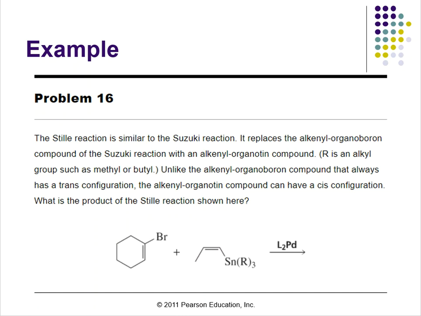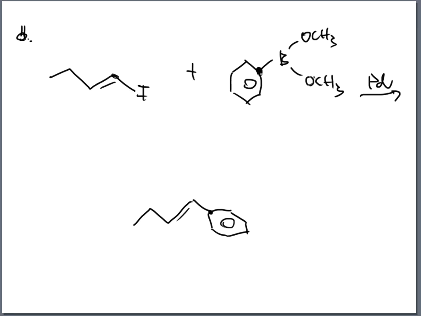Trans, that's the most stable. Well, the Stille is kind of special because it gives me the cis form. So here down below we get this question, this reaction, and it says, okay, we didn't do a lecture on organotins, but you know what, folks? No difference. This is going to be okay.